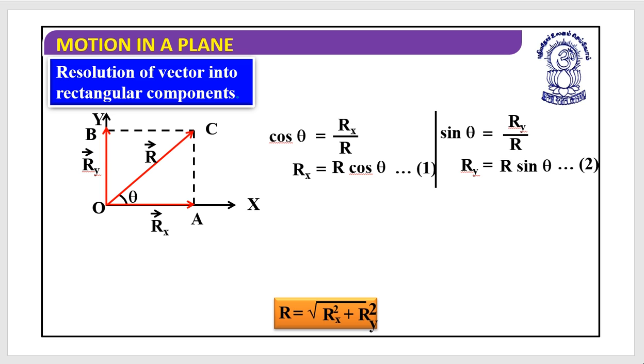If you look at this triangle OAC, with a 90-degree angle, and Ry here as well. Observing this triangle, cos theta equals Rx by R, so Rx equals R cos theta.